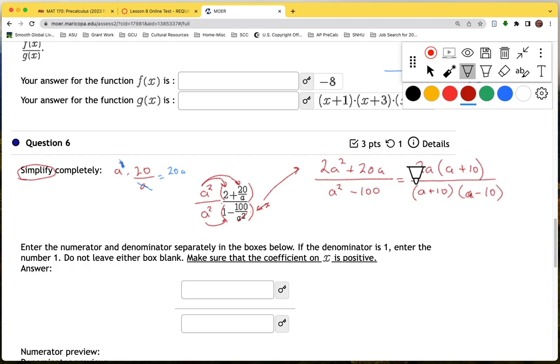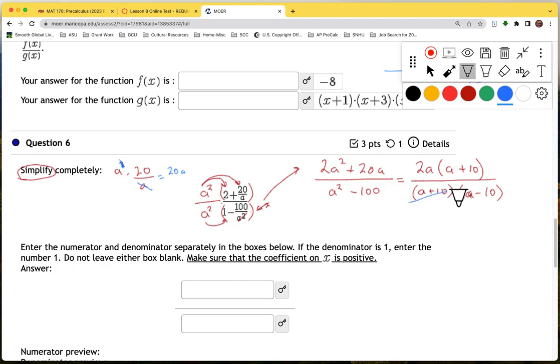And oftentimes, if you can factor one, so maybe it was easier to see the numerator, a plus 10. If this is going to simplify, you'll see an a plus 10 in the denominator, which we do. So sometimes you get these little hints. So go for the one that's easiest to factor for you, and then use what you end up with to say maybe, not always, but maybe the bottom might factor.